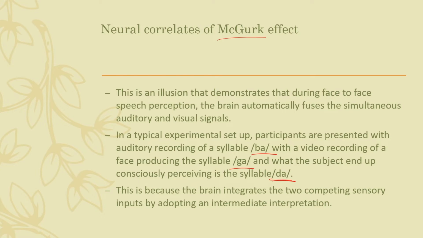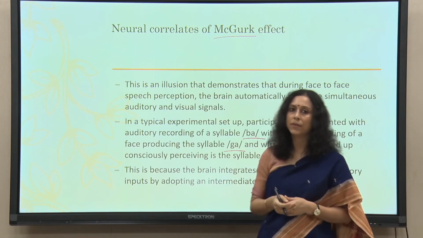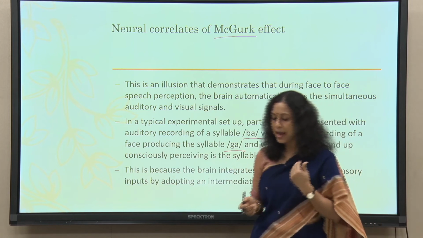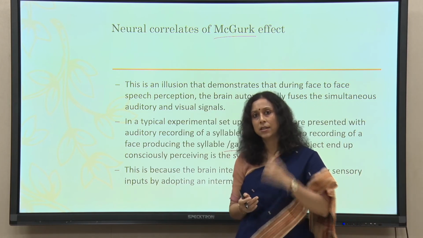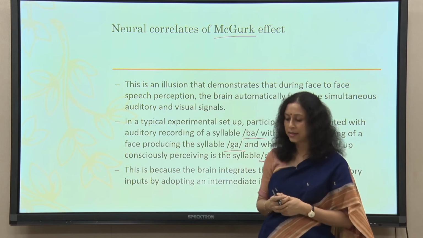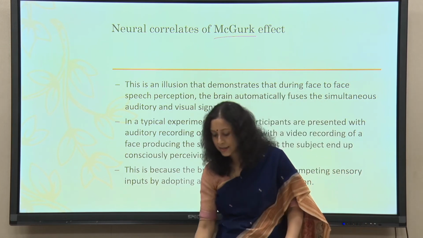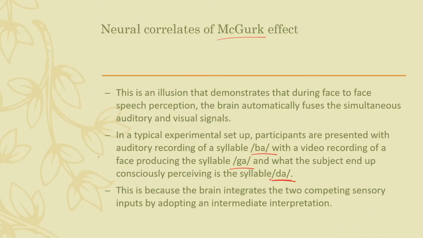In the vocal channel, the pathway where the articulation takes place, ba is produced at the front, at the opening of the mouth, and ga is produced towards the back of the channel. So, what the brain does is fuse.